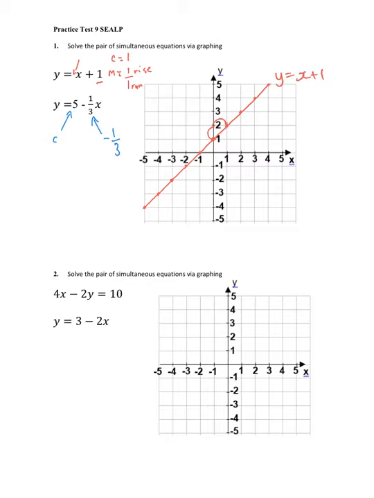So we're going to start with our y-intercept. It's up here at 5. Then we use our gradient. If we think about it, it's rise over run. I'm going to have the negative as the rise part. So if I'm rising -1, it means I'm actually going down one place.